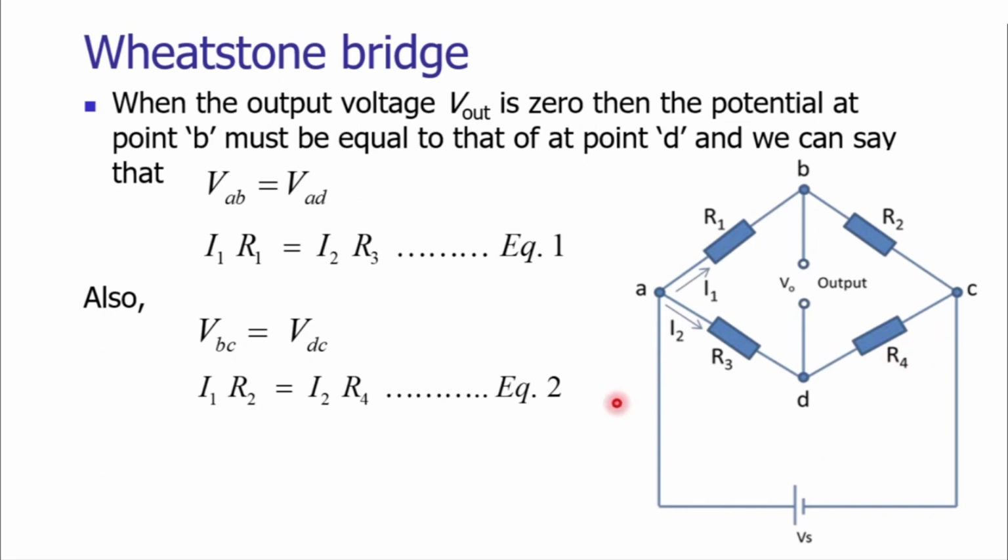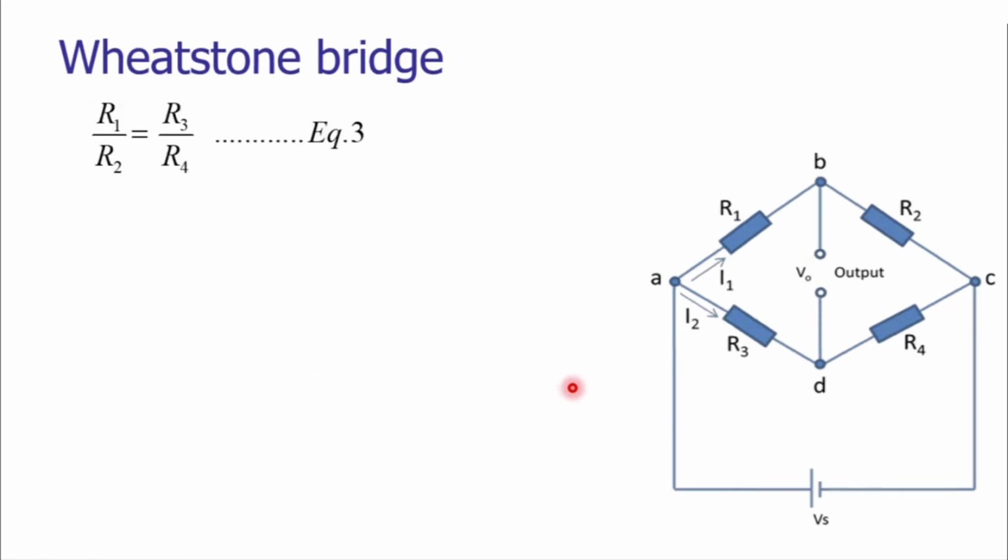If I divide equation 1 by equation 2, then I get R1 divided by R2 is equal to R3 divided by R4. A very simple and useful correlation. If we maintain these ratios, then certainly the voltage at the output terminal is equal to 0.